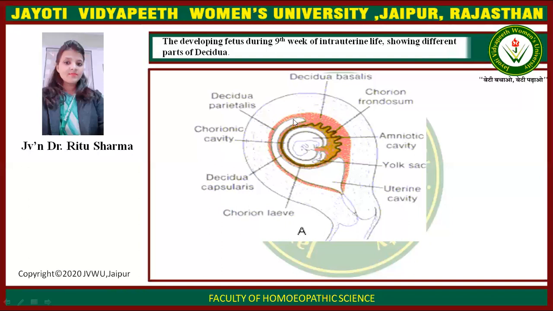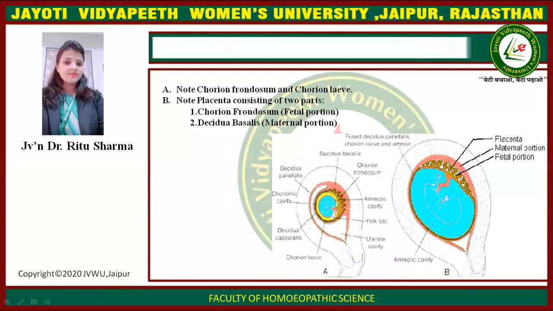There are the uterine cavity and the yolk sac. The fetal part is chorion frondosum and the maternal part is decidua basalis. The fetal part is shown in the picture as chorion frondosum, and the pinkish part shows decidua basalis.